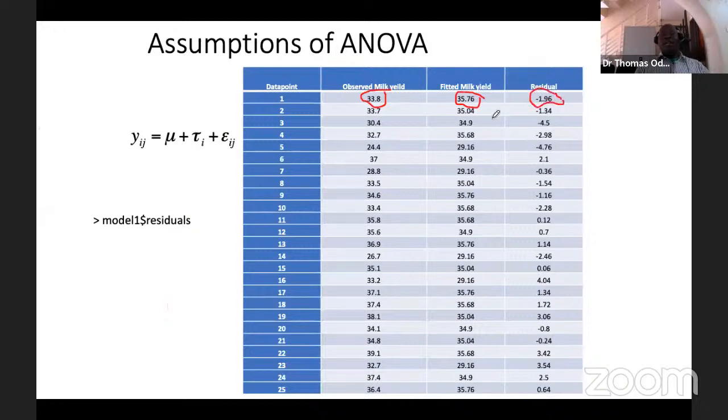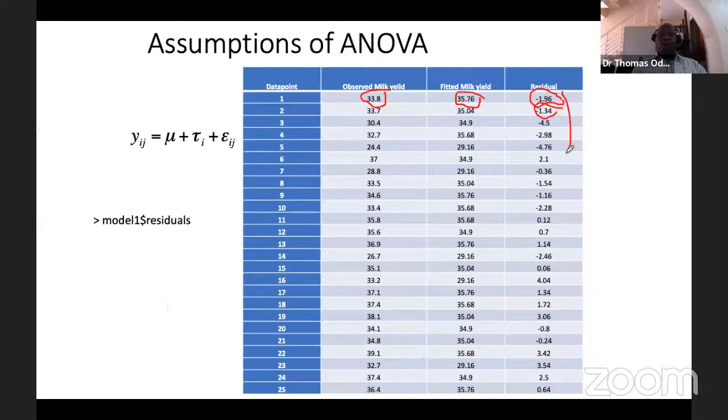That means the negative means that the fitted value, the model, overestimates the amount of yield for the first treatment in the first row and first column, and then the same for that one there. You can see actually the first 5 are all negative.